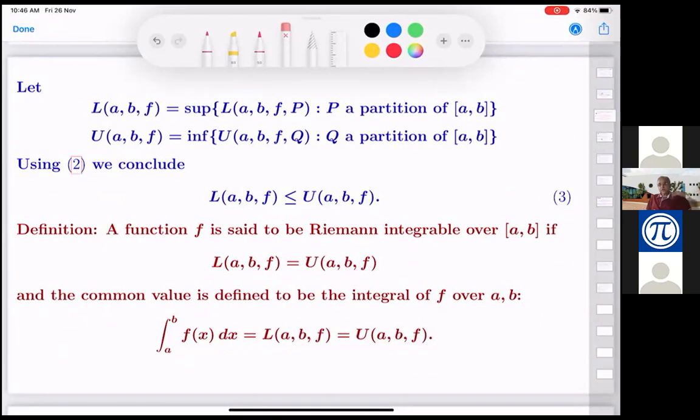So for example, sin x is defined on the entire real line. Now we are talking about, is it integrable on an interval? So the common value of these two is called the integral and can be written as integral a to b f(x) dx.